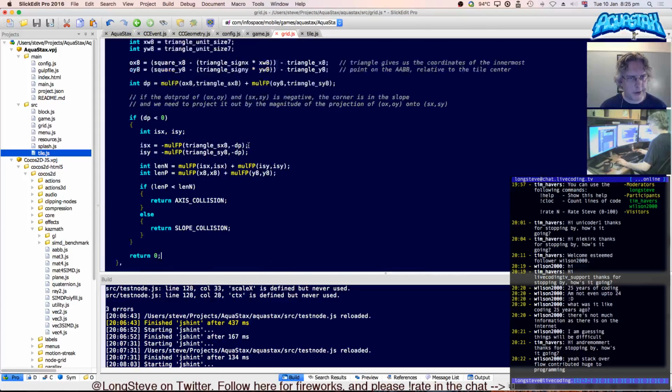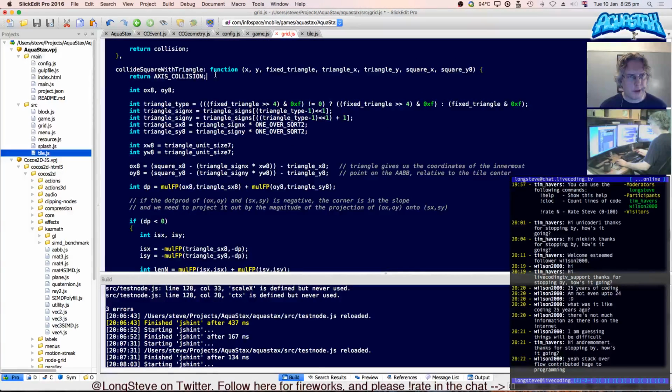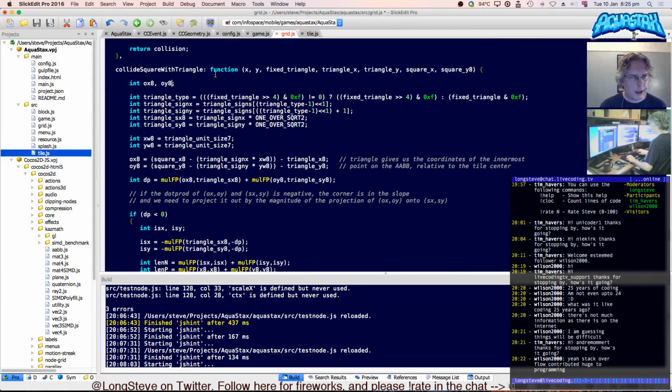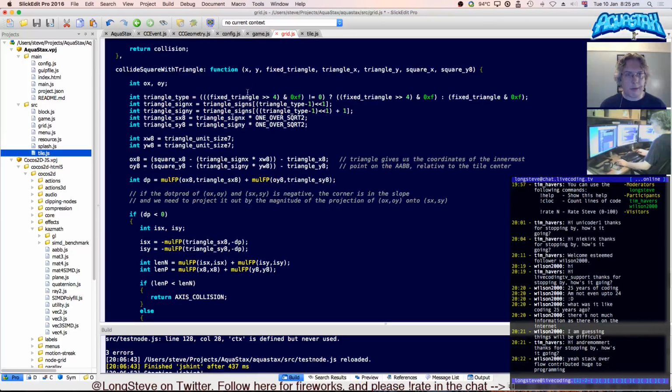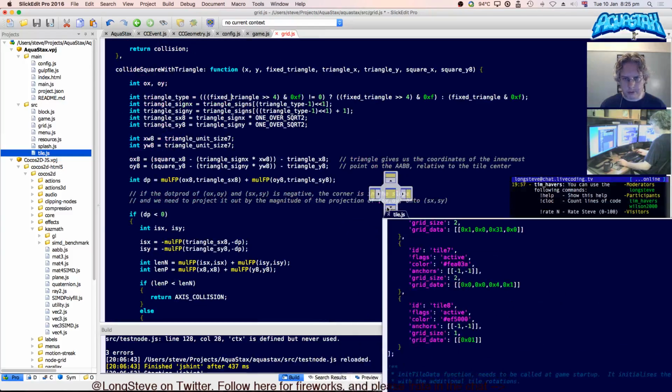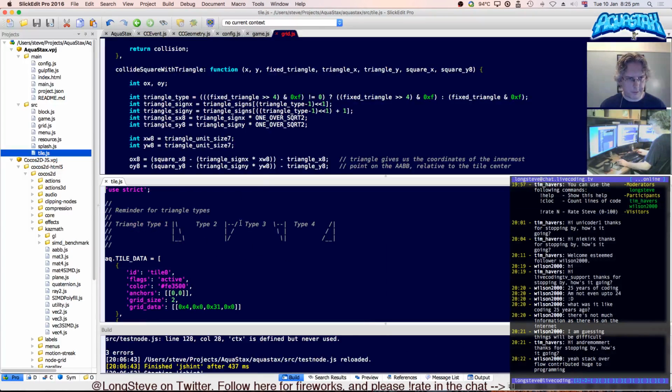Here we go. Right. So with that, let's call this OX and OY. Triangle type is going to be something related to my triangles from here, isn't it?